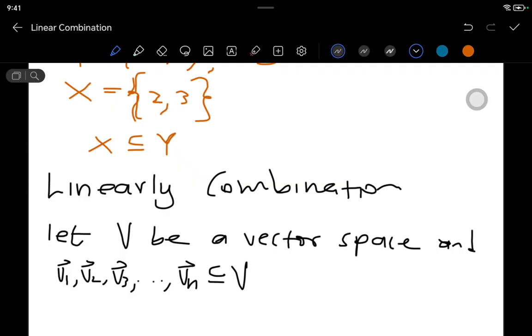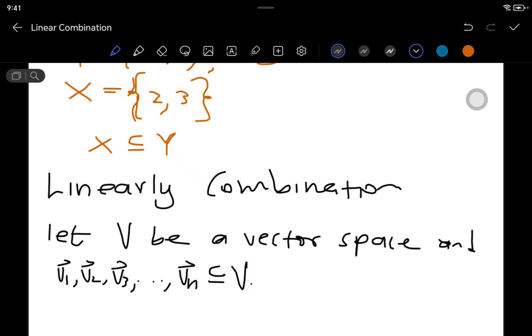We're saying that if we let V be a vector space and we take some vectors, we don't know how many vectors we're choosing, right? That's why I'm saying up until n.